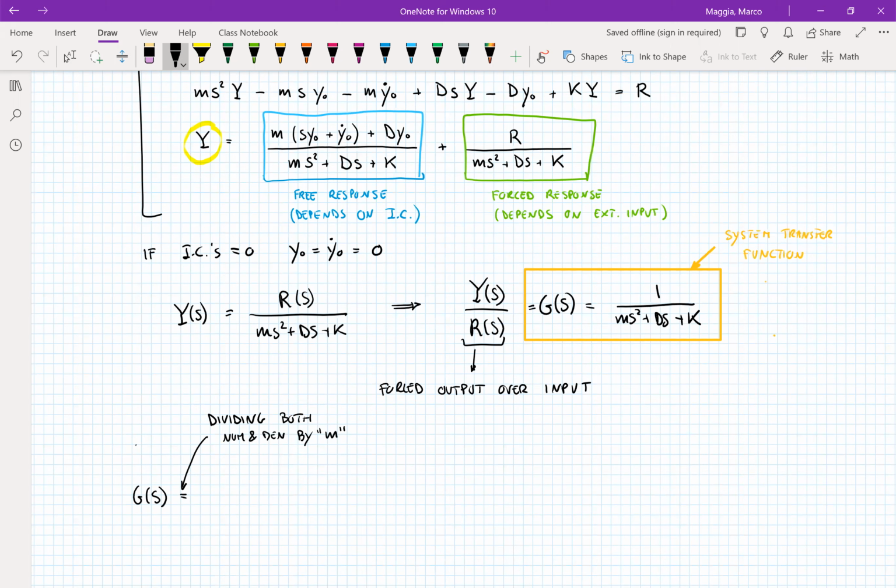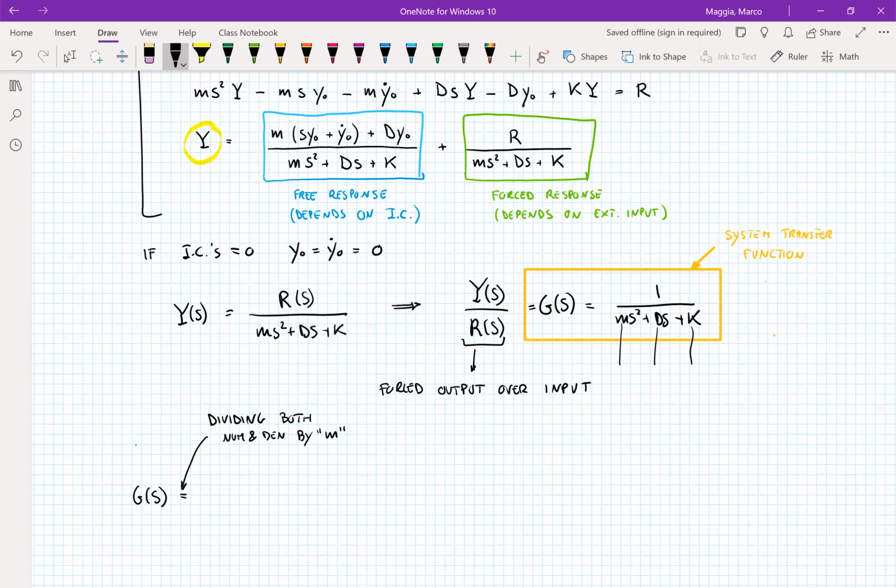This is the system transfer function, as easy as that. As you see, it depends only on the parameters of the system, m, d, and k. It does not depend on the input, you won't see r, and it does not depend on the initial conditions.